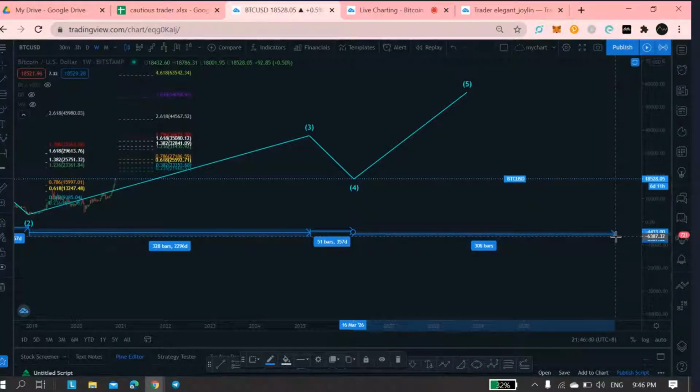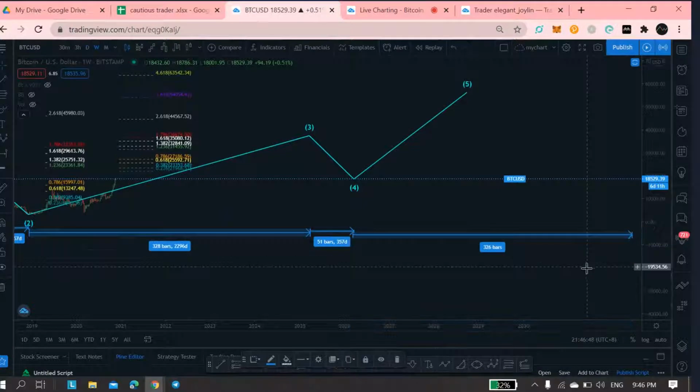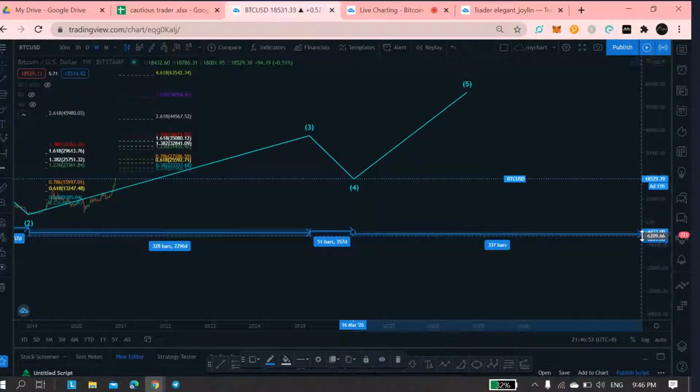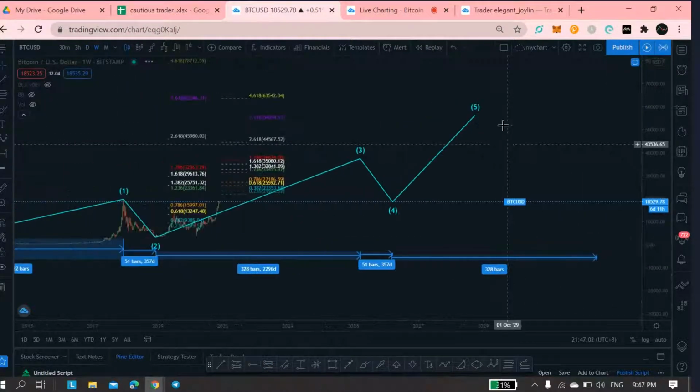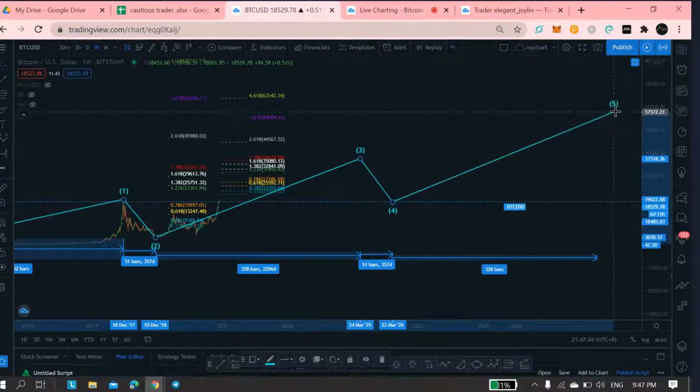Or maybe we can just use 328. There. So this is possibly the wave 5. So I'll use this one.